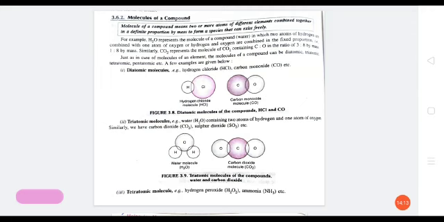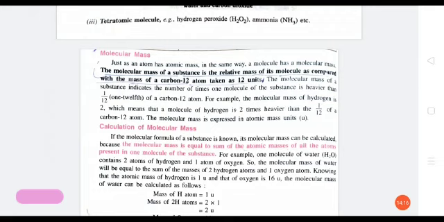Okay. Next is your molecular mass. The molecular mass of a substance is the relative mass of its molecule as compared with the mass of a carbon-12 atom taken as 12 units. The molecular mass is expressed in atomic mass units, u.